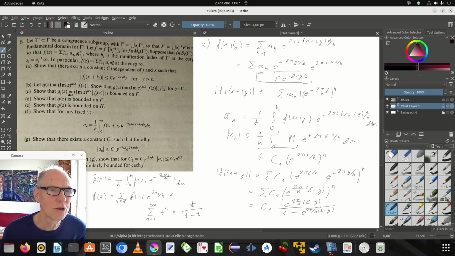But then we just choose epsilon equal to 1/2. And then it's bounded this way, and exponentially. And this part is only bounded polynomially. So of course it's bounded absolutely.